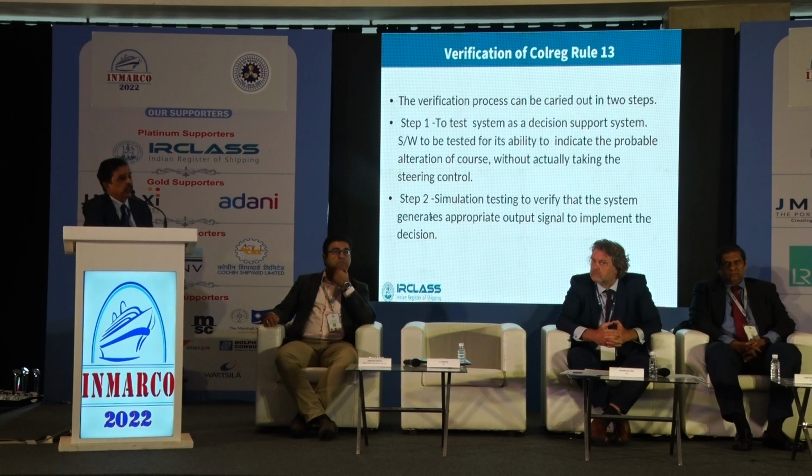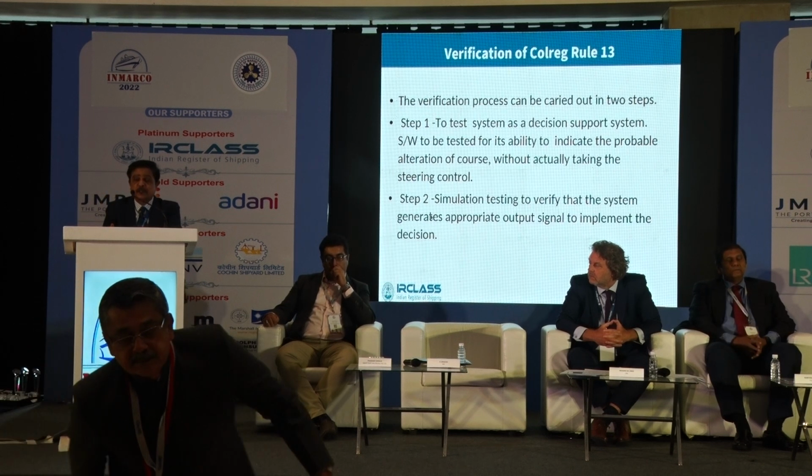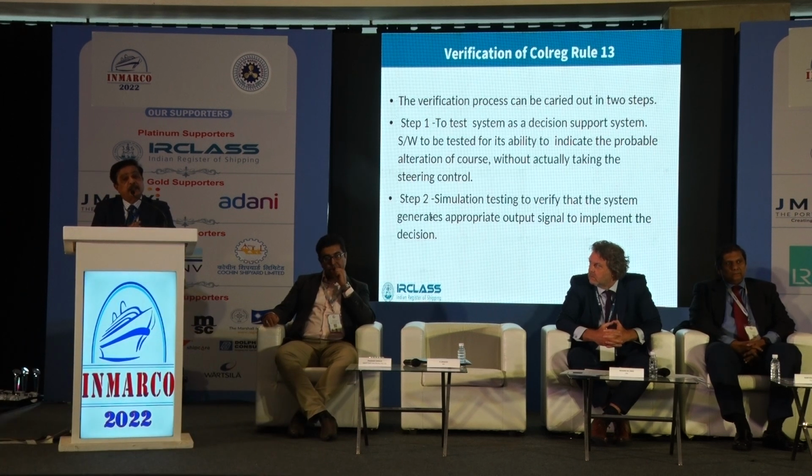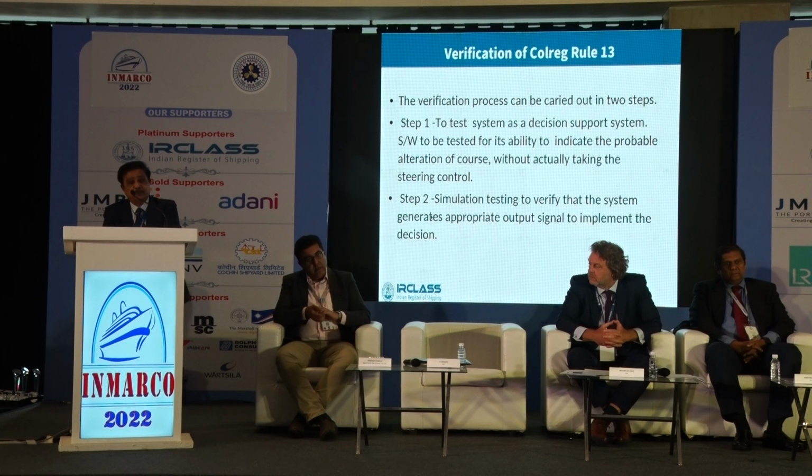So the verification process will be in two stages. In case one, the software gives an output, only a decision, no control. And in the second stage, it gives control when we simulate the situation and verify it is okay. But this is very simplified. In a real scenario, there can be more ships, more congested traffic, and then the situation totally changes.